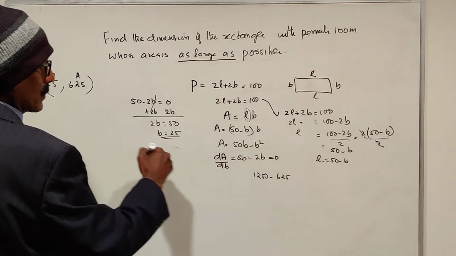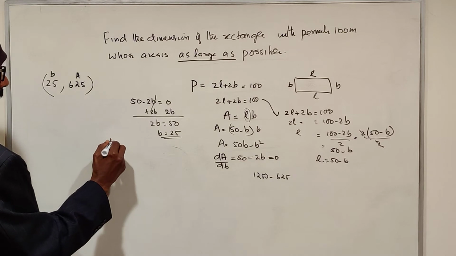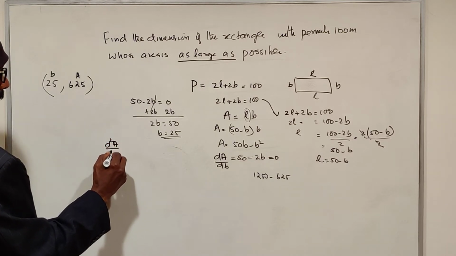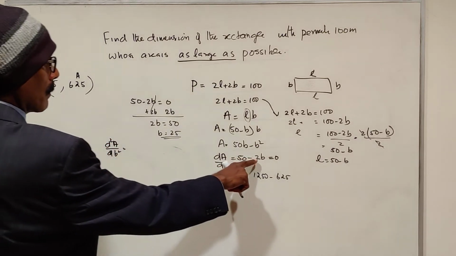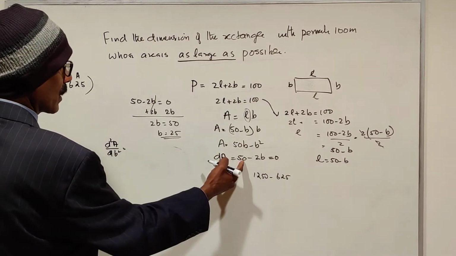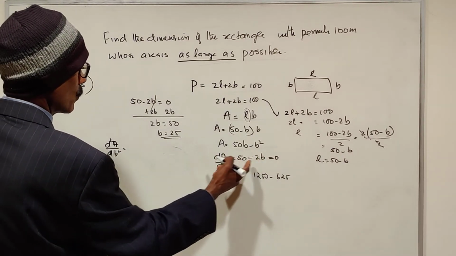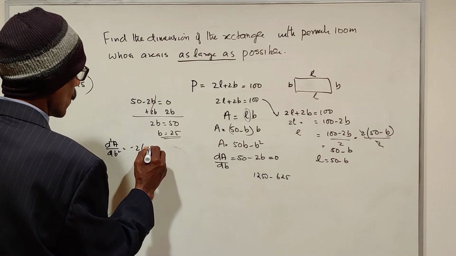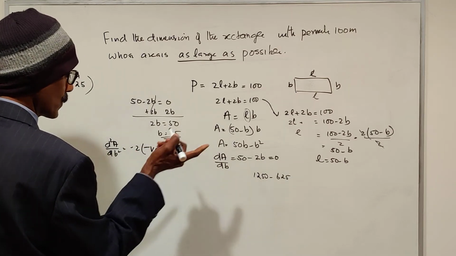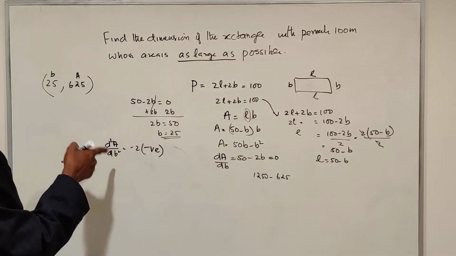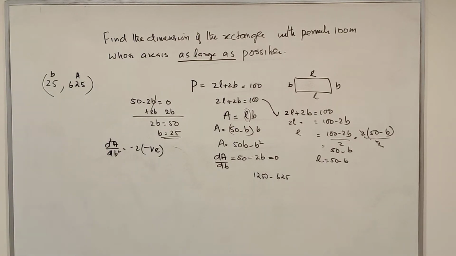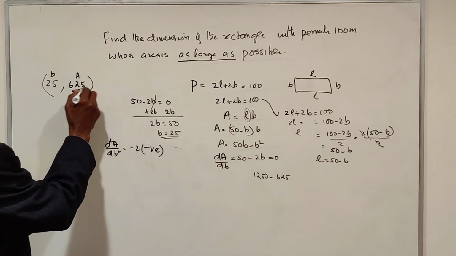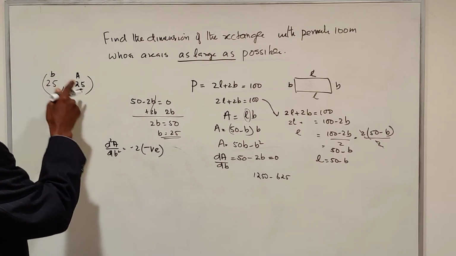Find the second derivative. d squared A by dB squared equals what? Derivative of 50 is 0. Derivative of minus 2B is minus 2. We need to know only this, negative or positive. So here d squared A by dB squared is a negative value. So this one is the maximum value.